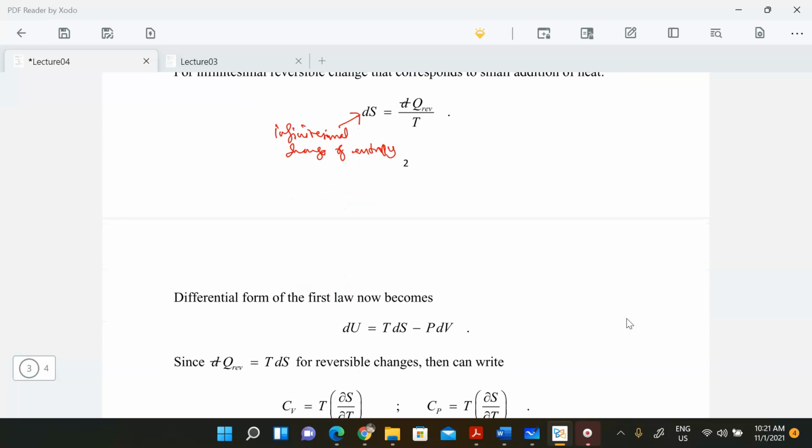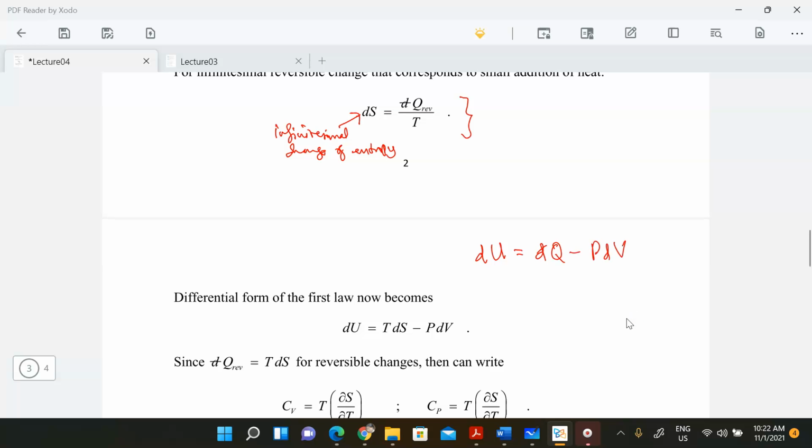Now let us recall a bit. We have this definition. Let's recall our first law using the internal energy: dU equals dq minus p dV.